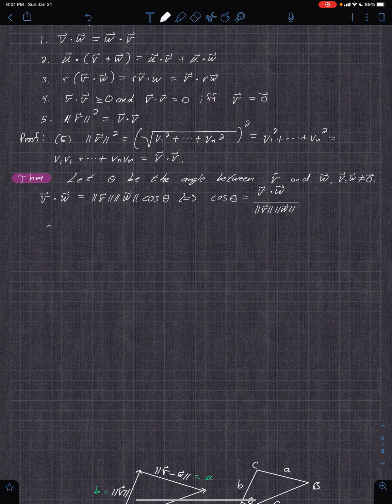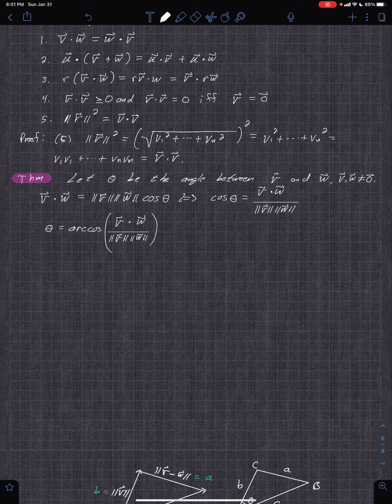Then if you solve for theta, theta is equal to inverse cosine, or arc cosine, of V dot W over magnitude V, magnitude W.